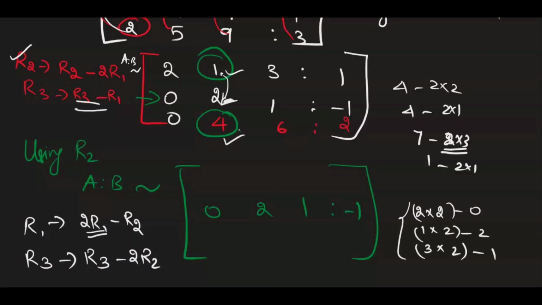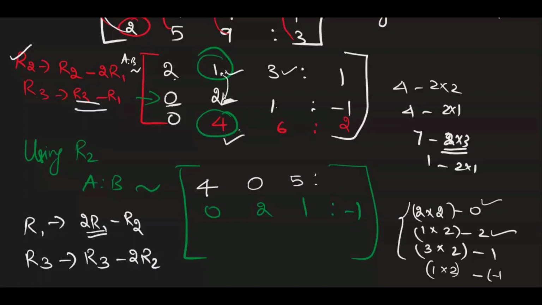So we will get the first row values as 2 into 2 minus 0. So what you will get is 4. The next one is 1 into 2 minus 2. So you will get 0. That is our target. Next is 3 into 2, which is 6 minus 1, 5.